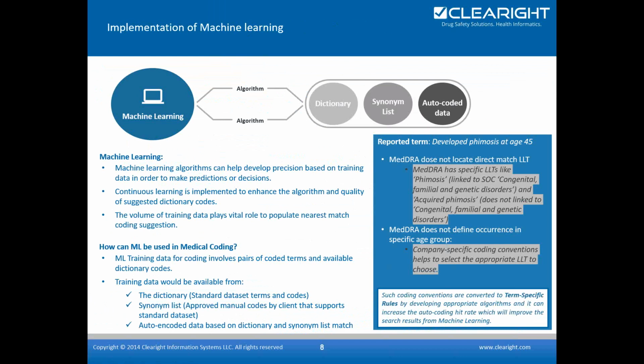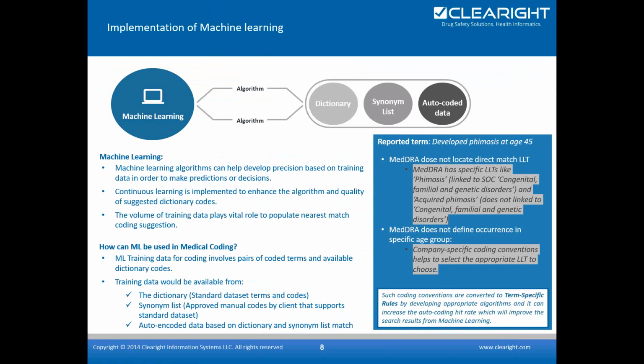I would like to take an example to demonstrate how exactly this ML works. On your right-hand side, you can see the reported term is develop phimosis at the age of 45. MedDRA does not identify a direct match LLT for phimosis at the age of 45. However, MedDRA has specific LLTs like phimosis, which is linked to congenital shock, and the second one is acquired phimosis, which does not link to the congenital shock.